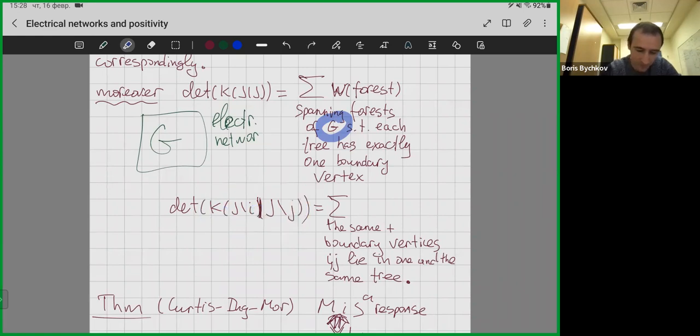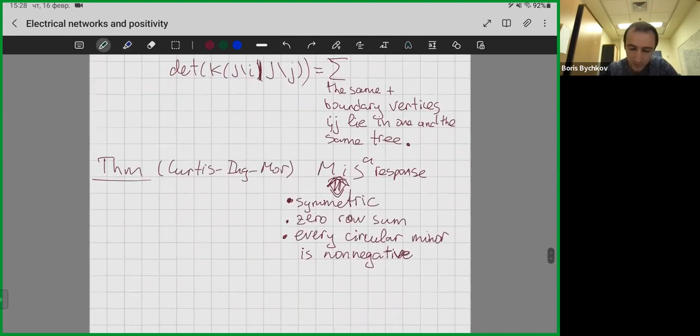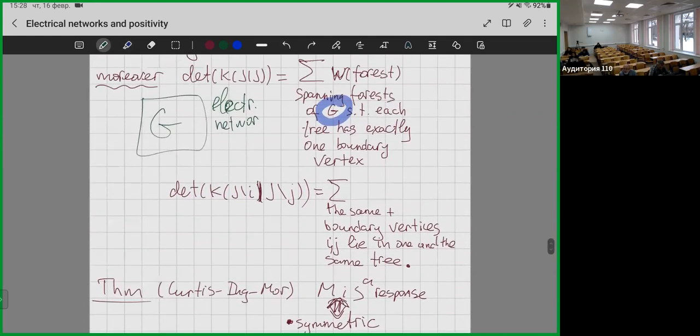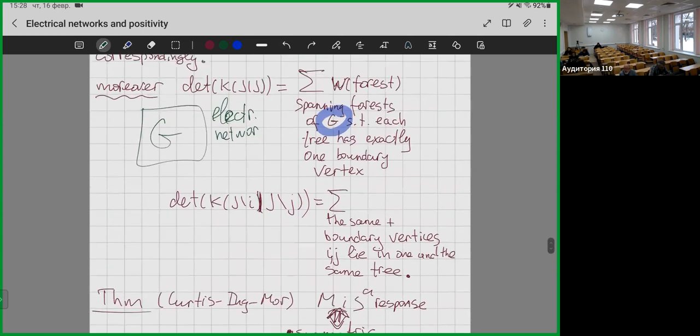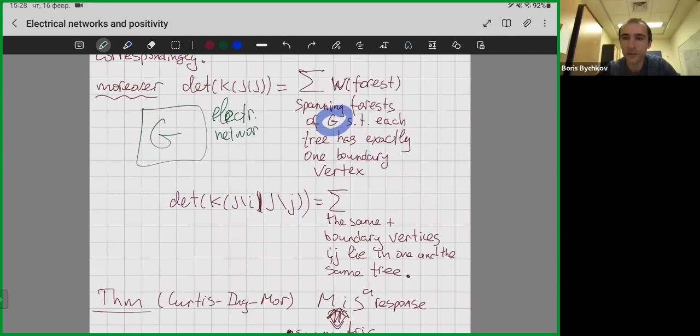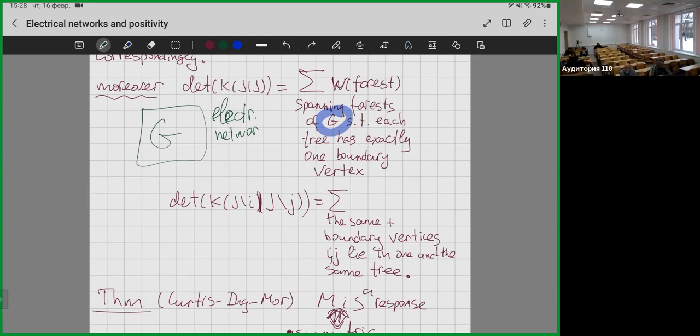Sorry, Boris, how could it be that each tree has only one boundary vertex? So we are discussing only such forests such that each connected component has exactly one boundary vertex. So it starts somewhere on the boundary and then goes inside.